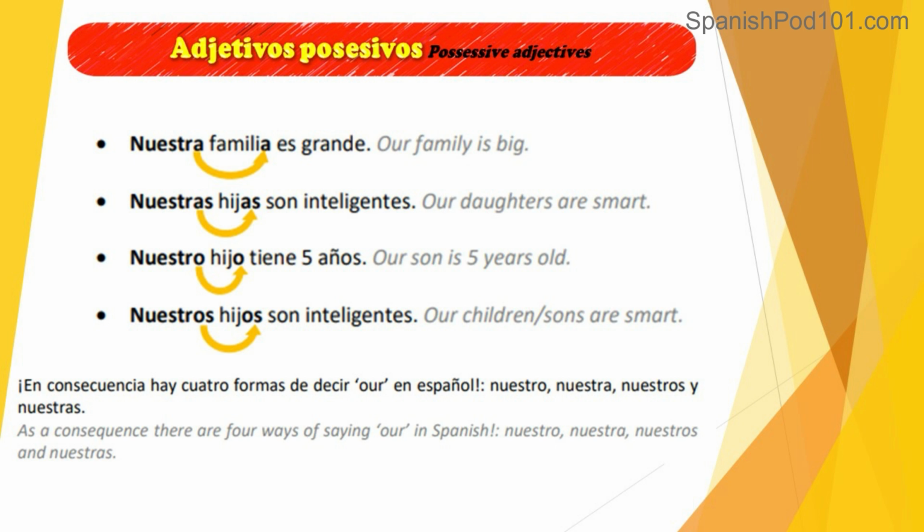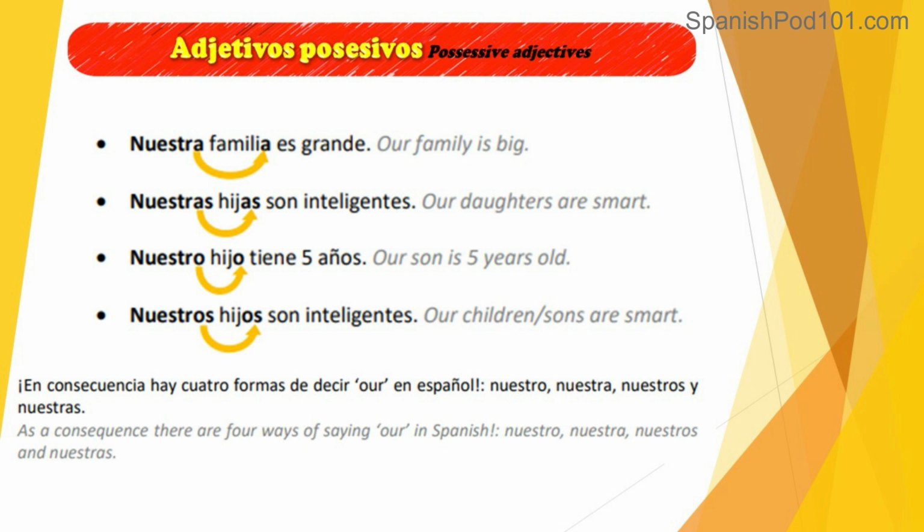Let's have a look at another example. Nuestras hijas son inteligentes. Our daughters are intelligent or smart. In this case, what we are possessing is hijas, which is plural femenino.